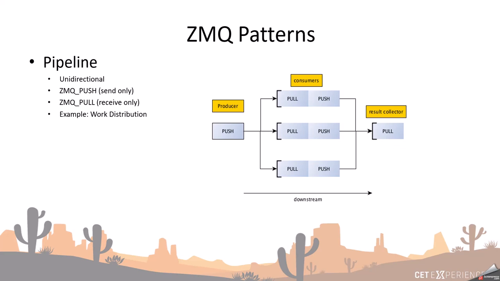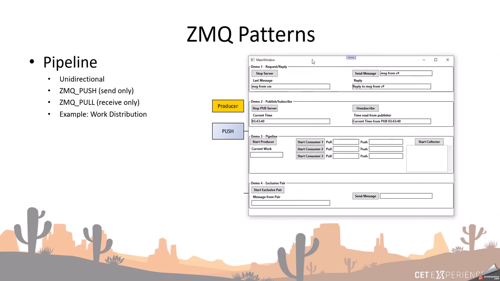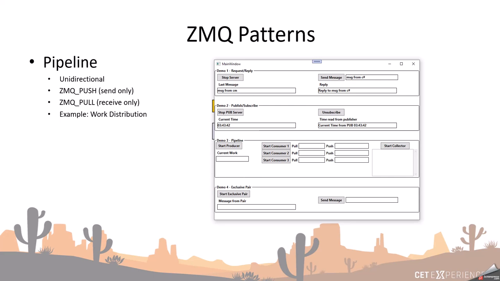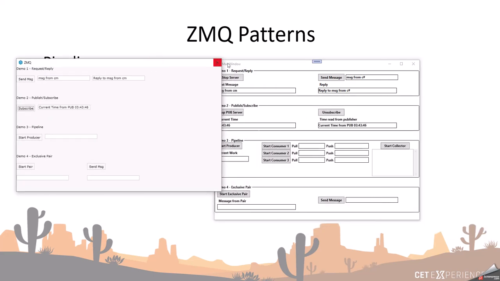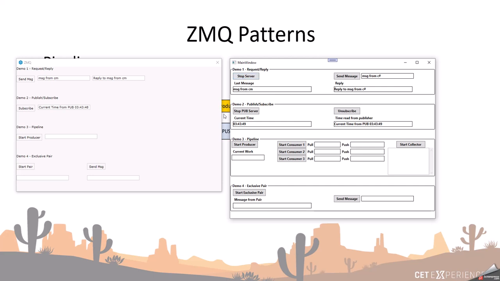Okay, so let's see what this looks like in the demo. So demo 3, I'm going to start the collector first, and then I'm going to start consumer 1, and then I'm going to start producing.